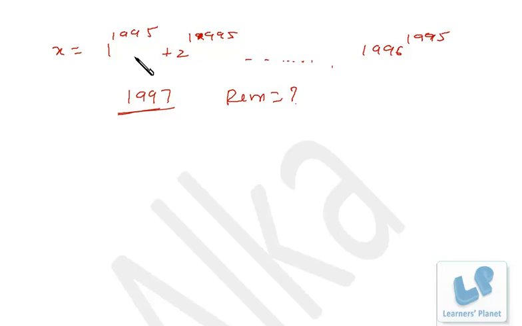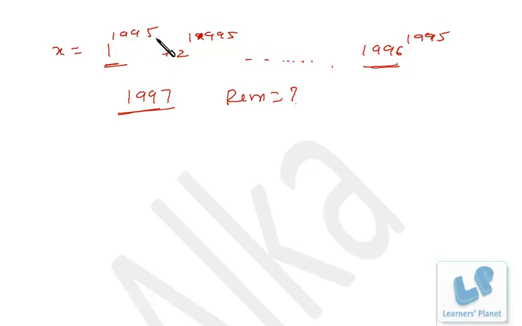As we have just discussed, a raised to n plus b raised to n will be divisible by a plus b if n is odd. Since there are 1996 terms, half of them, that is 998 pairs, can be combined. Now, 1 raised to 1995 and 1996 raised to 1995: if we club both of them, the addition will be divisible by 1 plus 1996, because this is a plus b, that means a raised to n plus b raised to n, where n is odd.